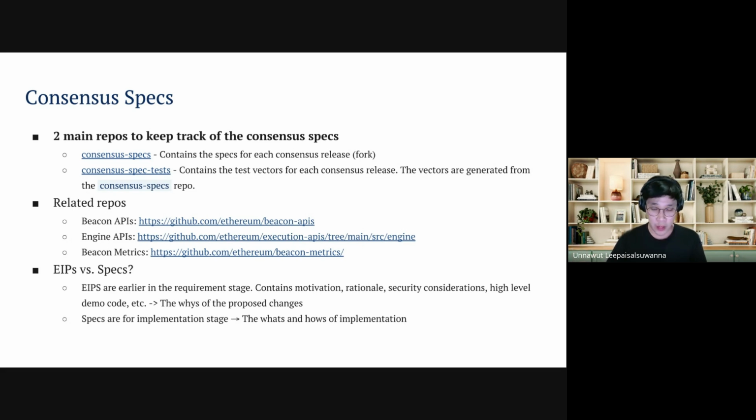So they contain the motivation, the rationale, the security considerations, and high-level demo code of how the EIPs are supposed to work. So it's basically communicating the whys of the proposed changes. And on the other hand, the consensus specs are more for the implementation stage, right? So they contain the whats and hows in order to implement the changes for each of the releases.